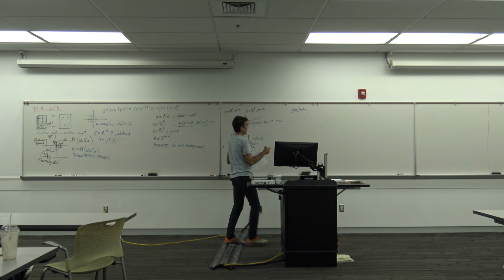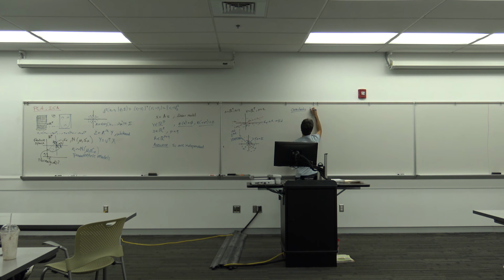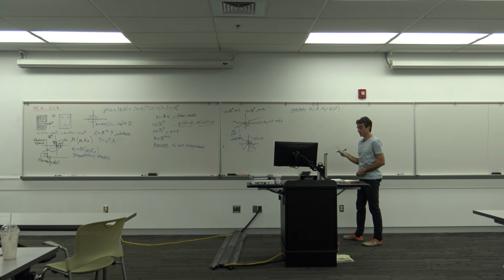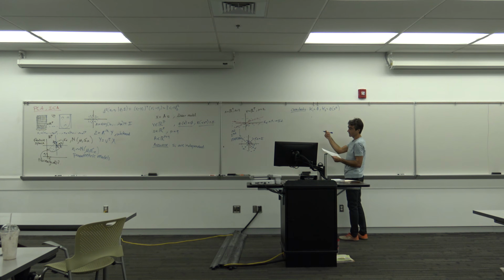And we know that this is kappa. The cumulant of order 1 is 0. That of order 2 is equal to the covariance, which in our case, if it's normalized or whitened, is 1.